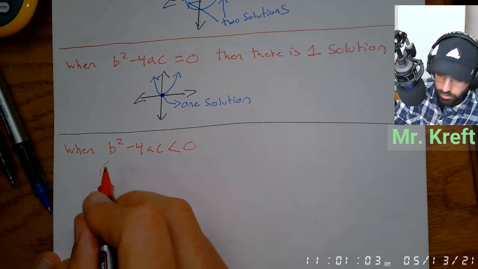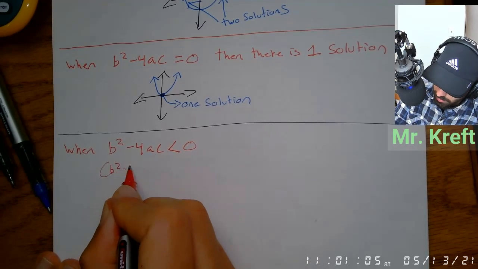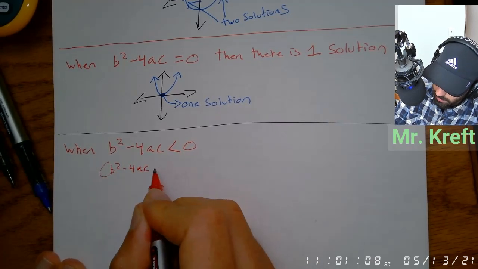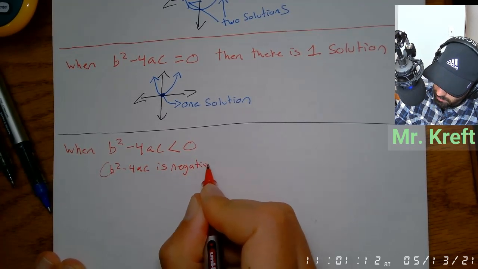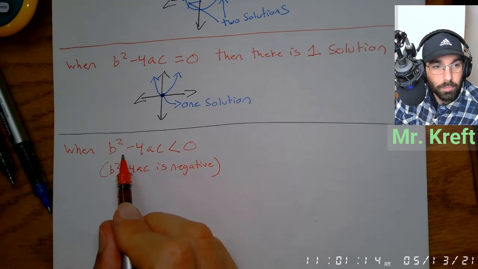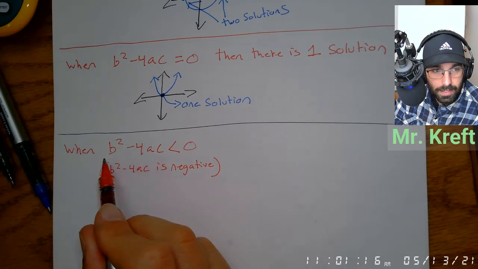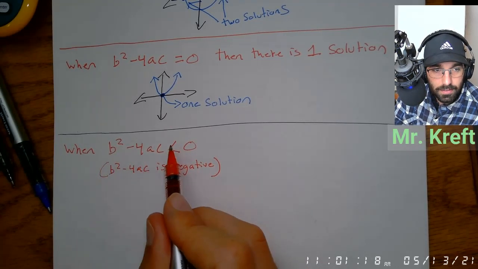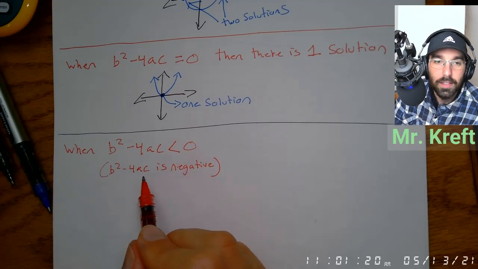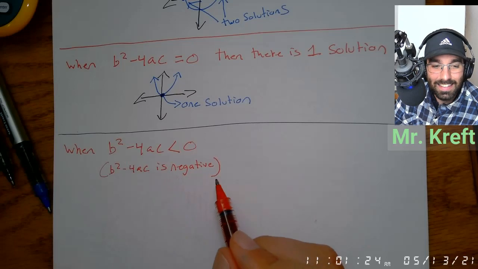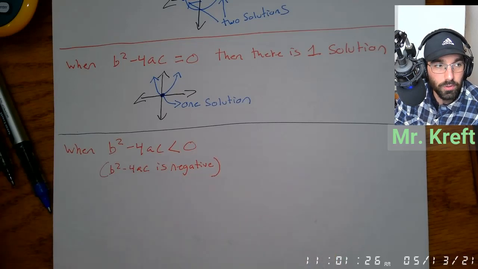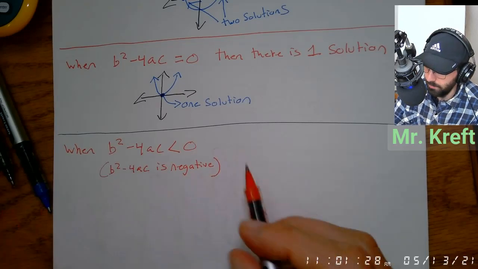In English, we would say b squared minus 4ac is negative. So when b squared minus 4ac, our discriminant, is less than 0, we can also think of that as the discriminant being negative, because if you're less than 0, you're a negative number.